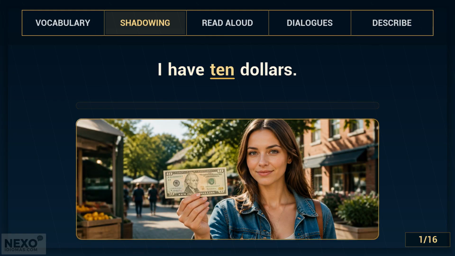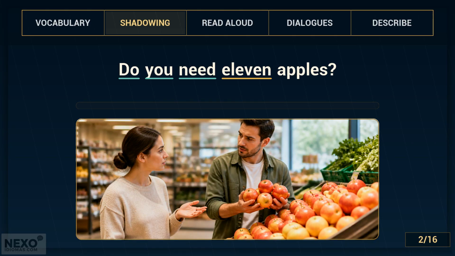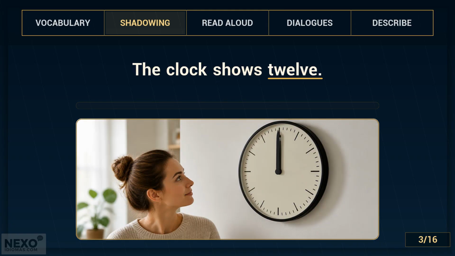I have $10. Do you need 11 apples? The clock shows 12.